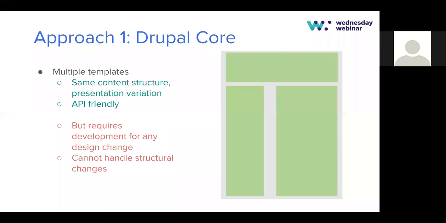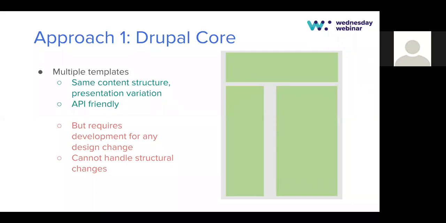And this is a good approach for simpler use cases where the content structure is not really changing. And when you want to create a new landing page, for example, or a new page, the content structure is essentially the same, but you just want some minor variations, right? And you don't want developers to do that all the time.